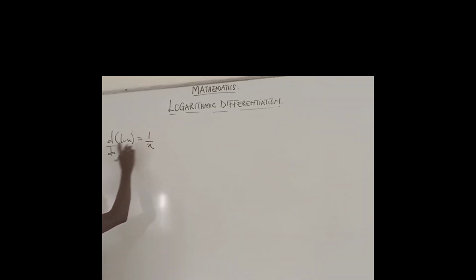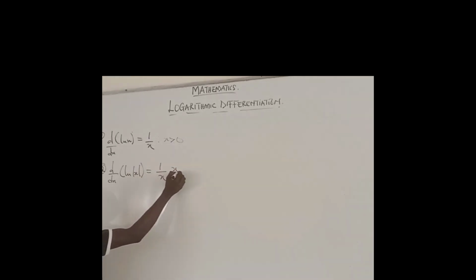Please take note of this. When you have ln, it is the inverse of that function. So please take note, when s is greater than 0, this is basic 1.